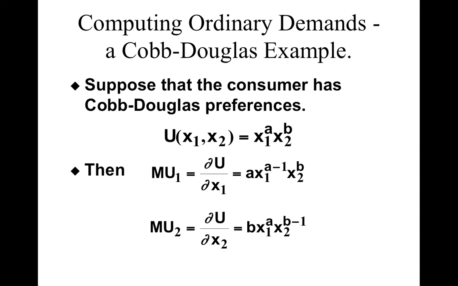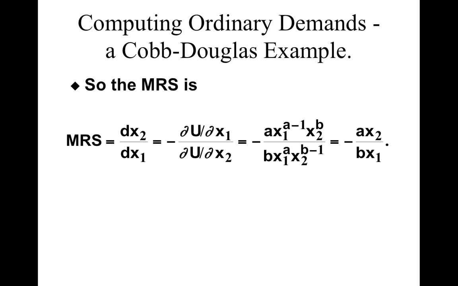Let's figure out, if this is the utility function, what is the slope of the indifference curve implied by it? It turns out that the slope of the indifference curve is given by this ratio here, which you would know as change in x2 divided by change in x1. This is a derivative.